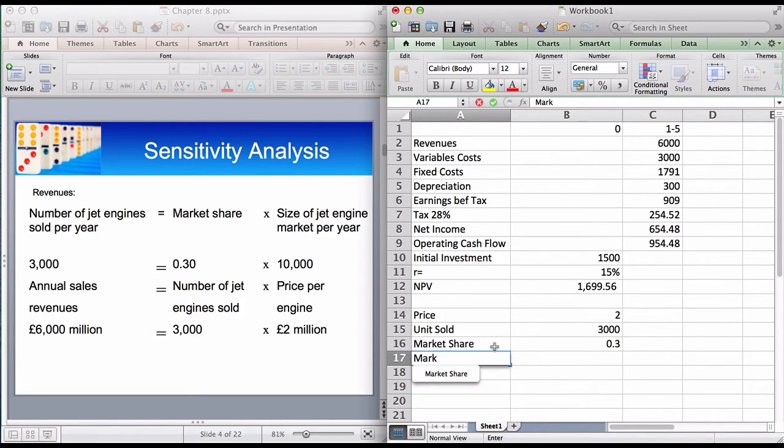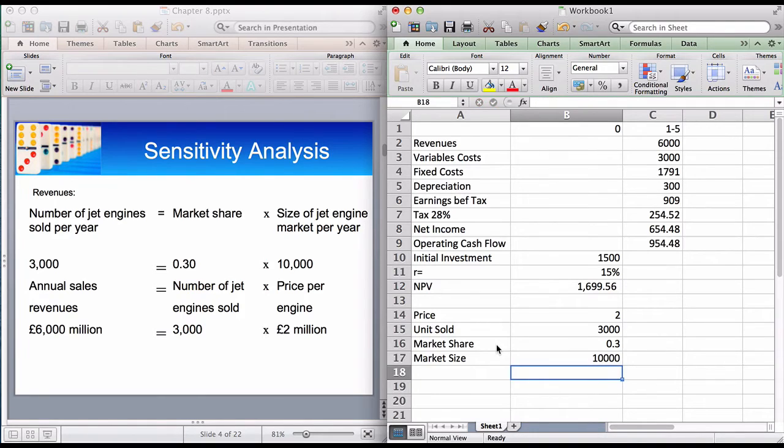And the market size is the total size of the market, that is the number of units that's sold per annum. And in this case, it's 10,000. So if the number of units sold in the industry is 10,000, and you have a market share of 30%, then the units sold is equal to the market share times the market size.